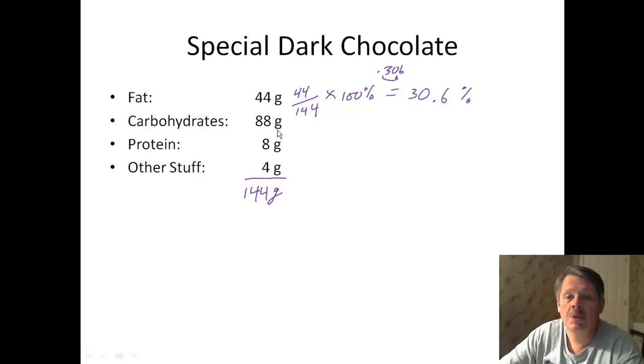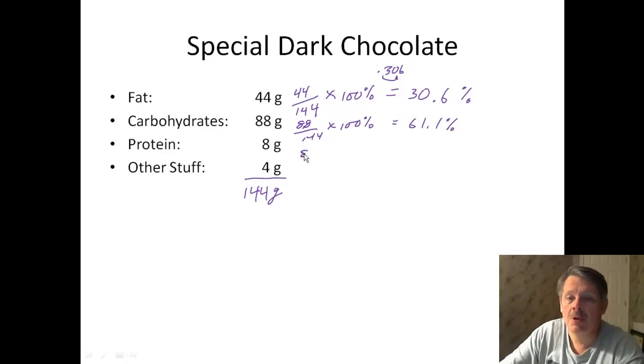We do the same thing for 88 grams divided by 144. Let's see, 88 is twice 44. It's not even worth going through this. It's going to be twice 30.6, so my answer there is 61.1%. Now how about 8 grams? 8 grams divided by 144, and I multiply by 100%, and that's going to give me 5.6%.